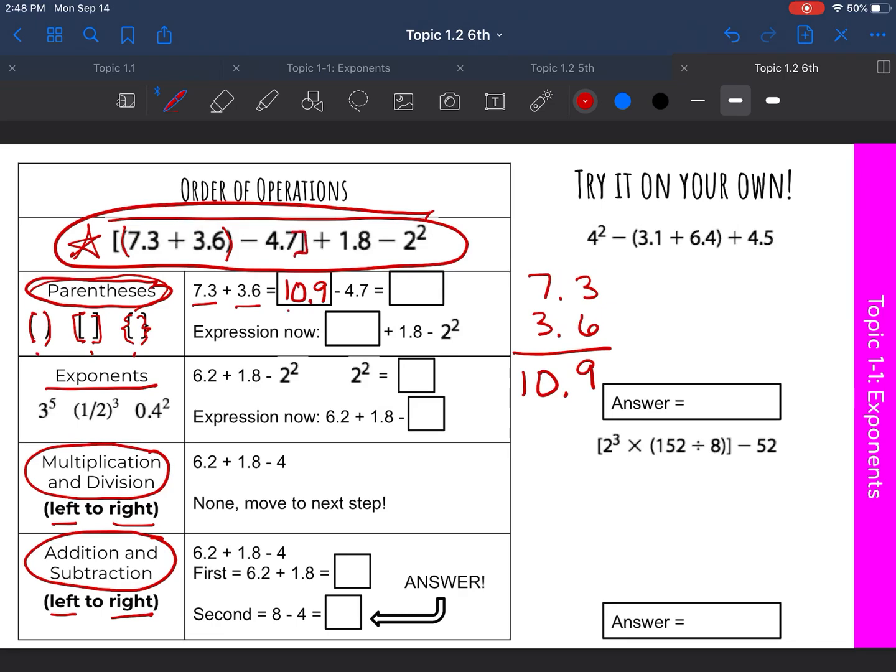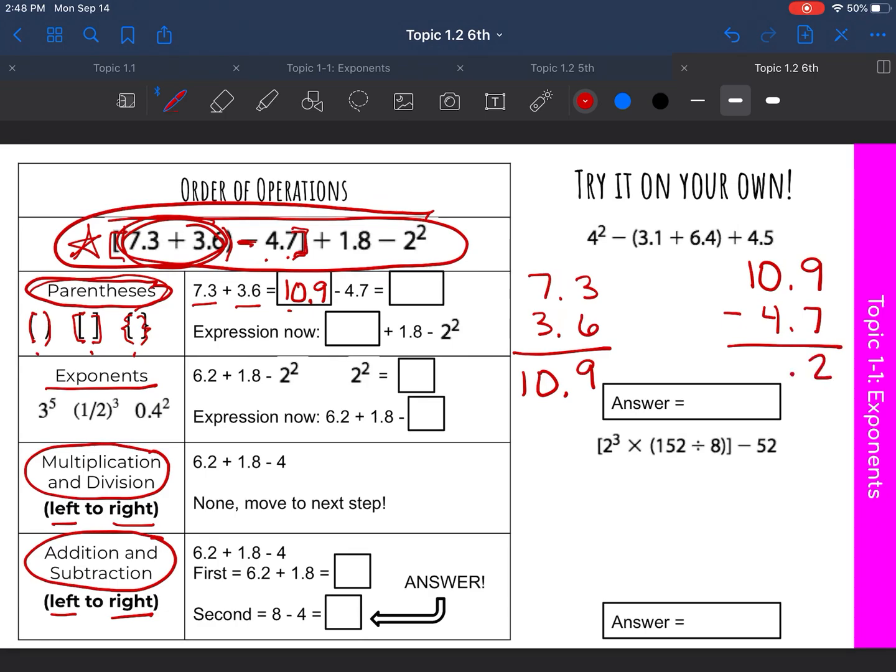This is the answer to this problem right here, so we're rewriting our expression. Now we also want to subtract 4 and 7/10 because that is in the brackets. So we do 10 and 9/10 minus 4 and 7/10. Again, you can do the work on a separate piece of paper. Figure out what that is.